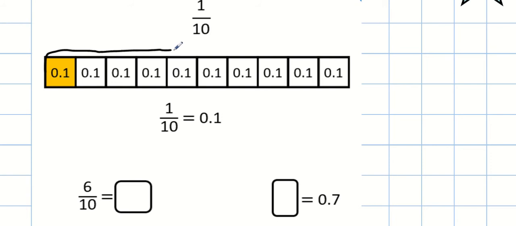So if I keep going, I'd have 6 lots of 0.1, so that'd be 0.1, 0.2, 0.3, 0.4, 0.5, 0.6. So 6 tenths equals 0.6. And therefore 0.7, if we see the pattern here, 0.1 equals 1 tenth, and 0.6 equals 6 tenths, 0.7 is going to equal, that's right, 7 tenths.